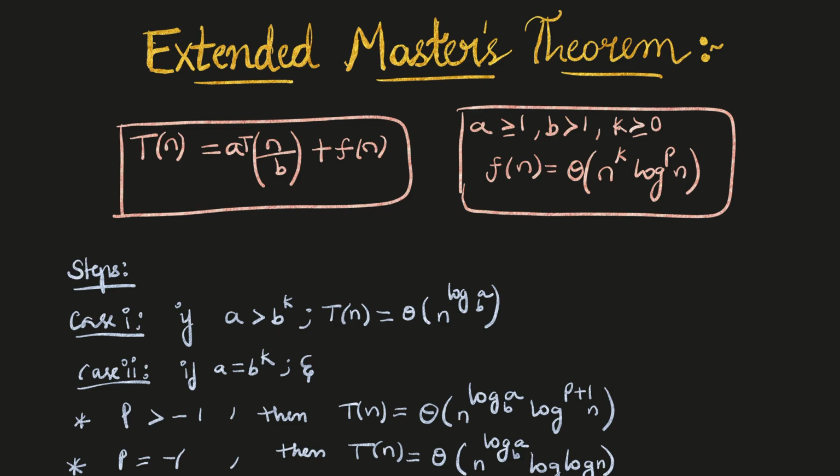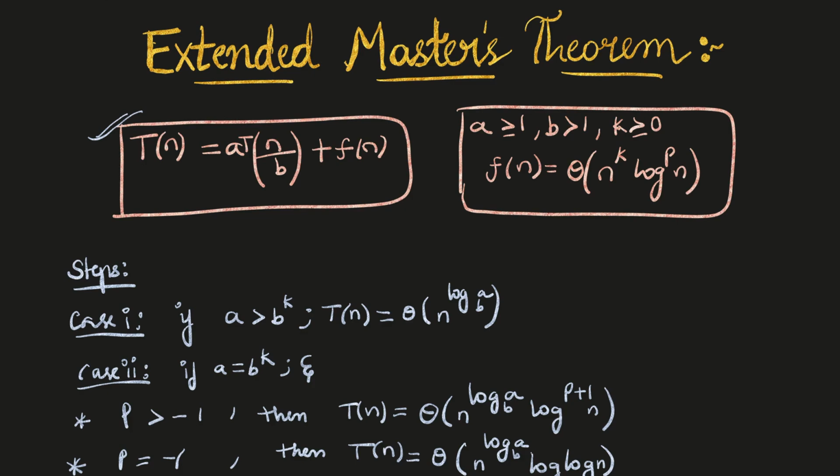Extended master's theorem has the same equation as the master's theorem, that is T of n is equal to a times T of n by b plus f of n. Now there are some conditions for this: the value of a is greater than or equal to 1, b is greater than 1, and k is greater than or equal to 0.